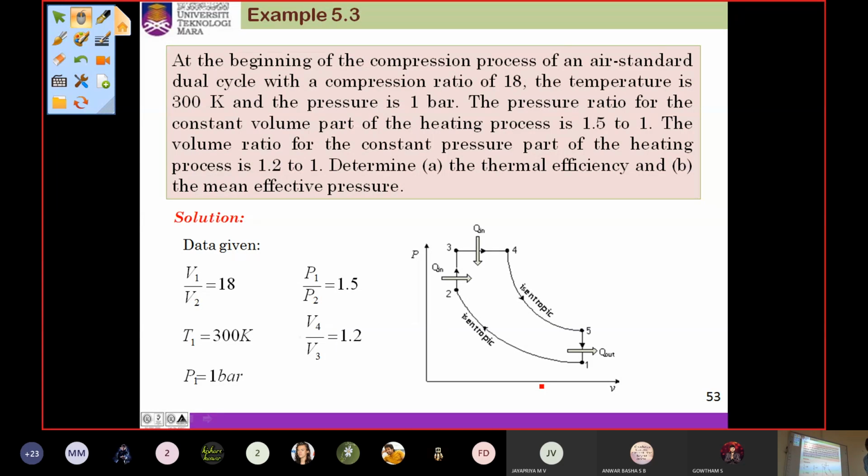We know the values V1 by V2 and T1 are given, so from that we can calculate T2. Then we know V4 by V3, that is 1.2. Then we can try to find the other state properties.